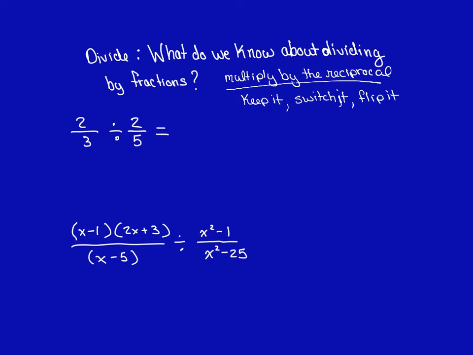So there's 3 things in this kind of equation. You keep the first fraction. So if we're using this problem right here, we would keep 2/3. We switch the division to multiplication, so times, and we flip the second fraction to 5/2, and then we go ahead and do it like a multiplication problem.